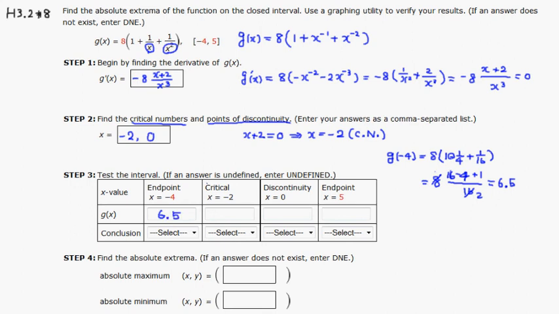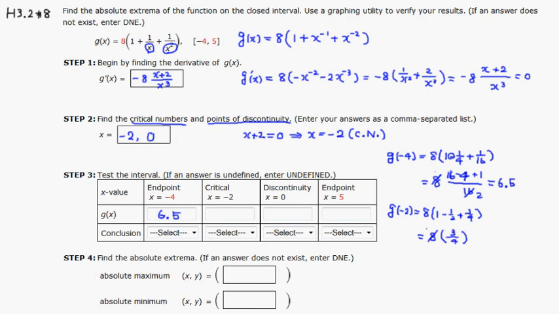And if you plug in negative 2, so find g of negative 2, it's going to be 8 times 1 minus 1/2 plus 1/4, right? So 1 minus 1/2 is 1/2, plus 1/4 would be, 1/2 is 2/4 plus 1/4, so 3/4.